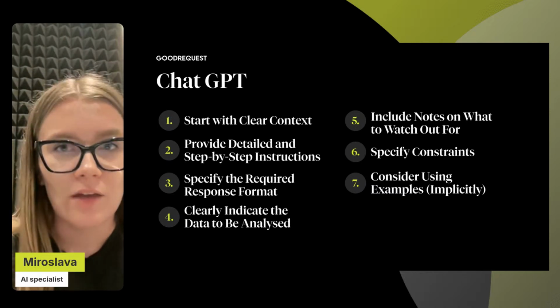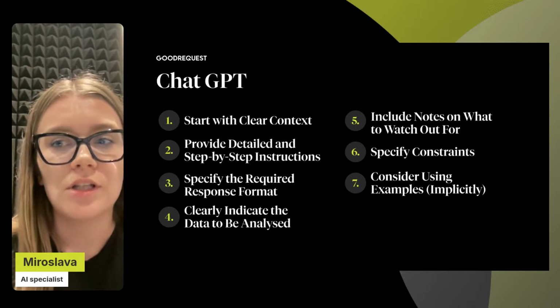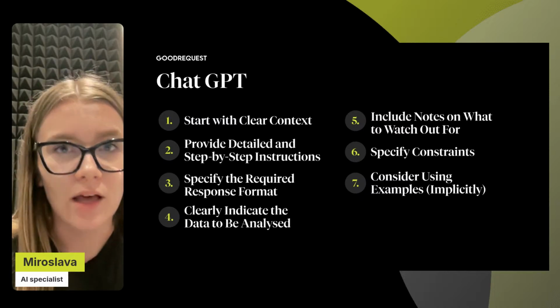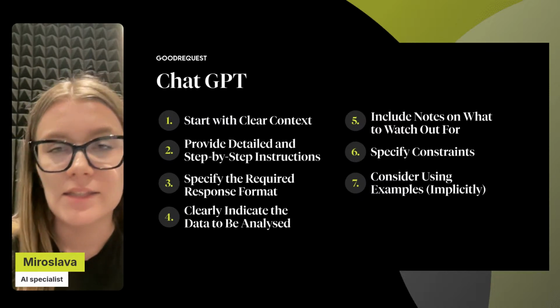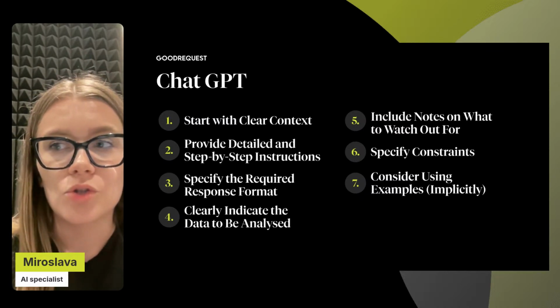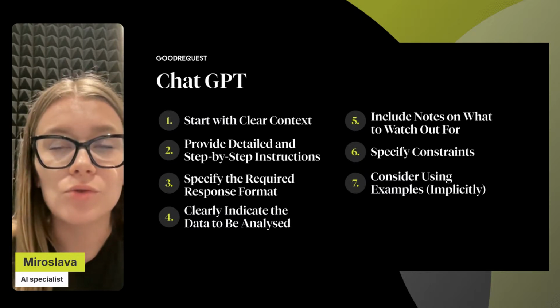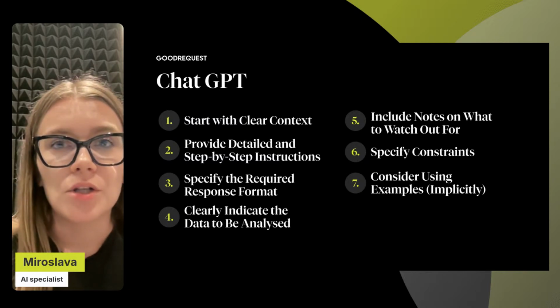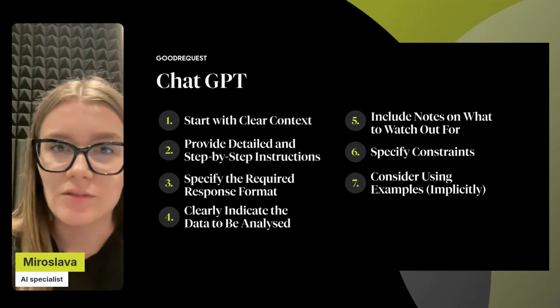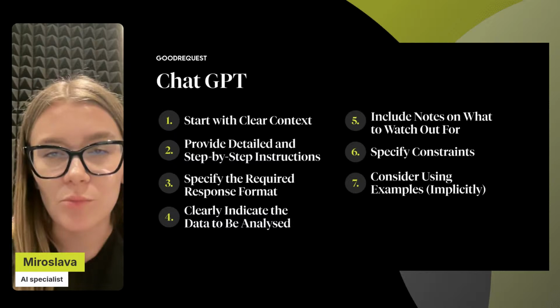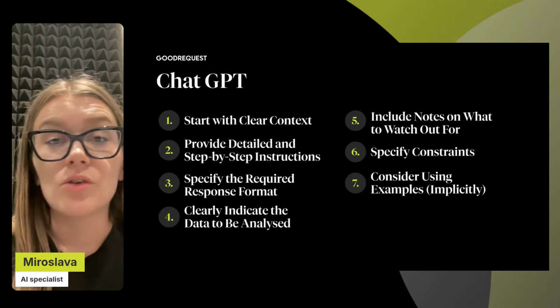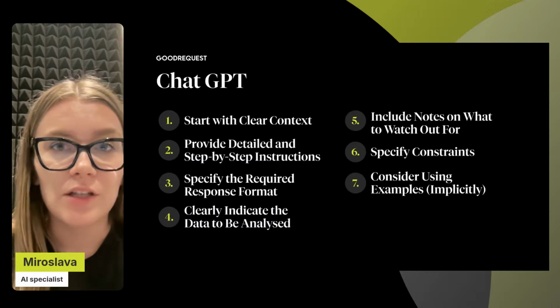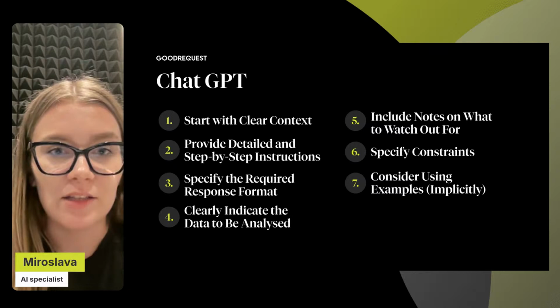But if you have your own data that you need to analyze and maybe cluster, and let's say you have a lot of reviews on your product, and you want to find out what are the main advantages or disadvantages your customers see in your product, you can use GPT to find it out really effectively.